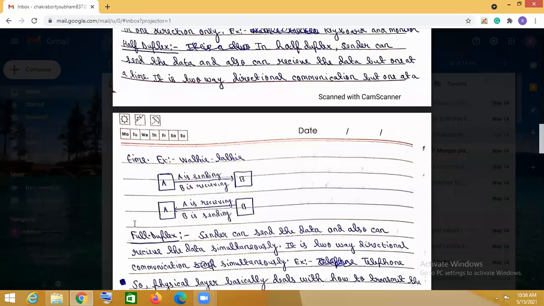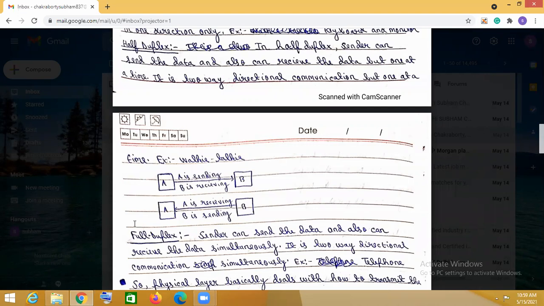So it is clear? Yes, sir. So what is it basically doing? It deals with the transmitting of data. So how can the transmission be done? The physical layer only focuses on this, because all of its functions focus on the transmission part.